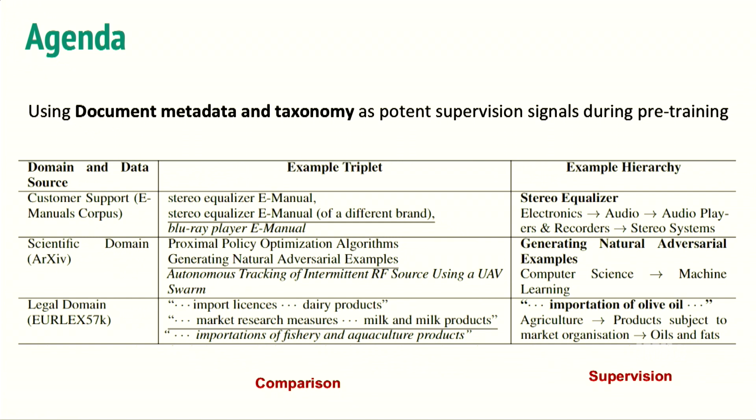If the stereo equalizer e-manual is an anchor, you have a similar and a dissimilar document. You have proximal policy optimization examples, generating natural adversarial examples, because this is also some sort of optimization, while autonomous tracking of intermittent RF sources using UAV swarm is a completely different document.